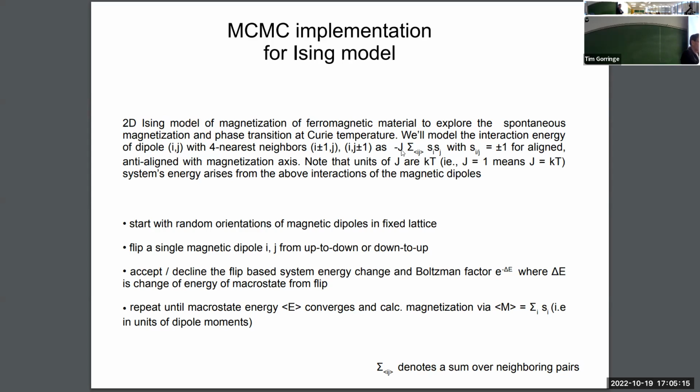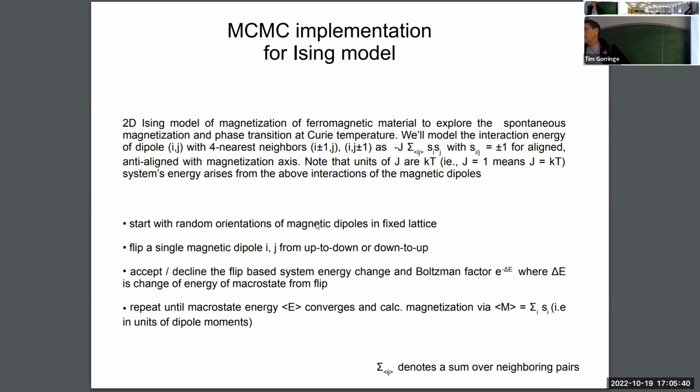If J is smaller than 1, the magnetic energy is less than the thermal energy. If it's bigger than 1, the magnetic energy is greater than the thermal energy. That just cleans up the code a little bit, working in those units, and cleans up the use of the Boltzmann factors and accepting or declining the steps in the random walk.